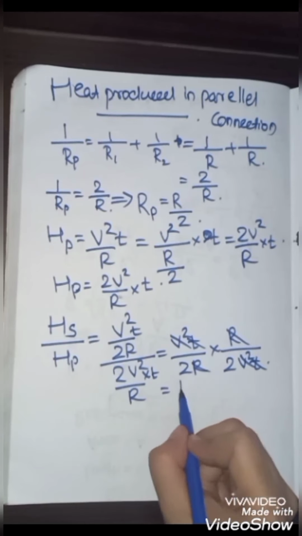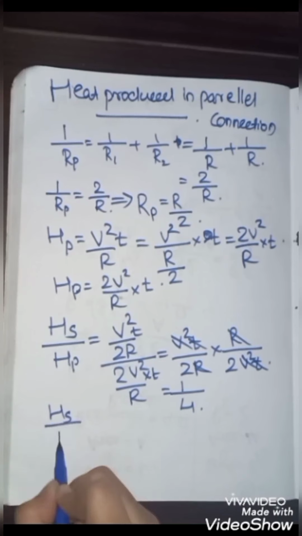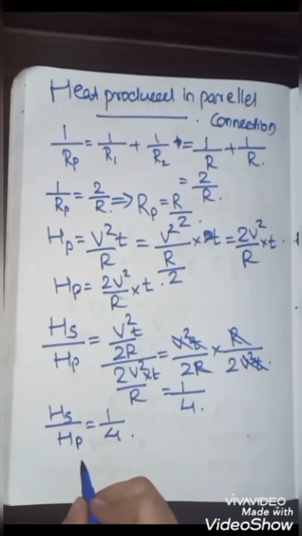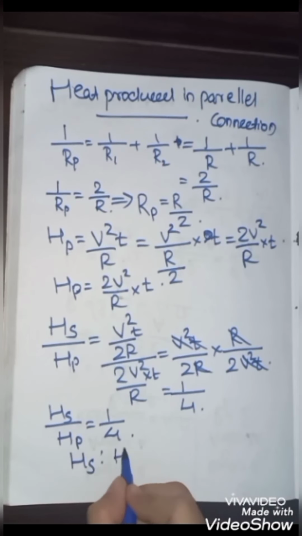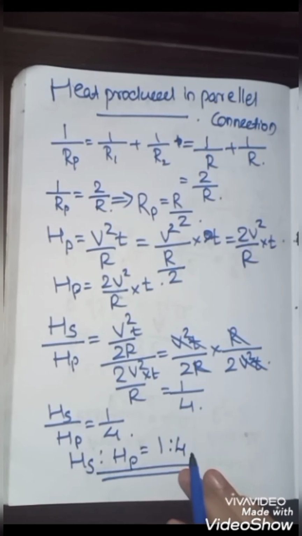Then 2 into 2 is 4, so Hs by Hp is equal to 1 by 4. That is, the ratio of heat produced in series and parallel connection is 1 by 4, Hs is to Hp is 1 is to 4. This problem is very important for your examination.